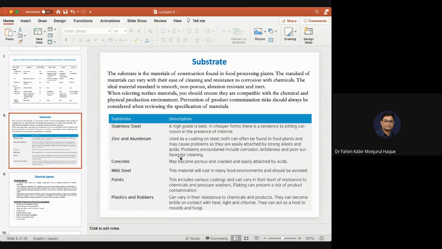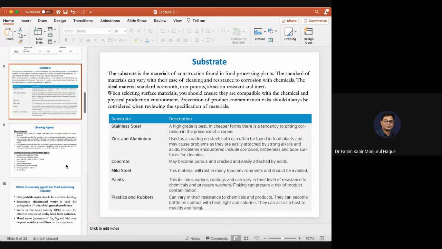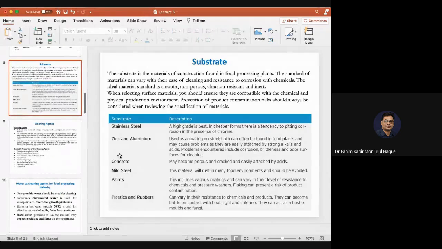If you just read one time, you will get a very good idea. For example, mild steel. This steel can easily rust. So that's why it's better if we can avoid mild steel to build a factory. Stainless steel is best, but the problem of stainless steel is it's very costly. That's the main problem actually.